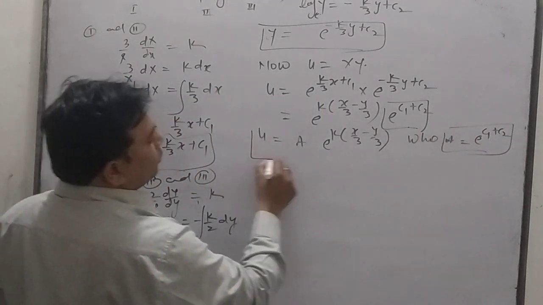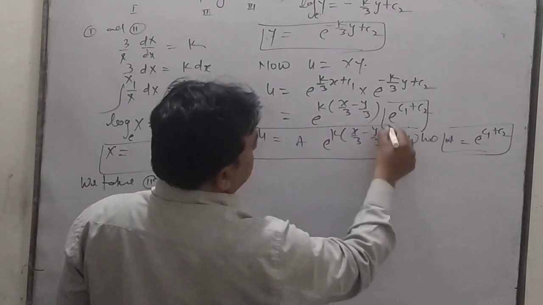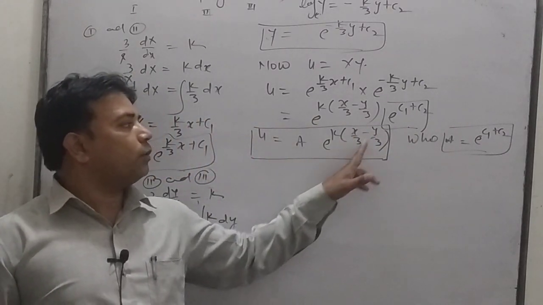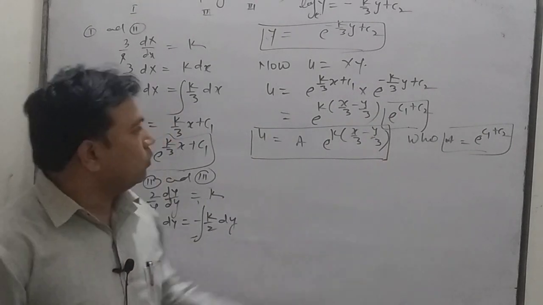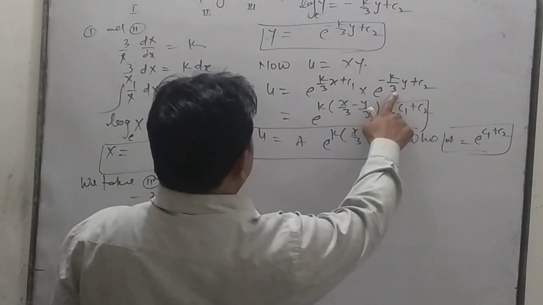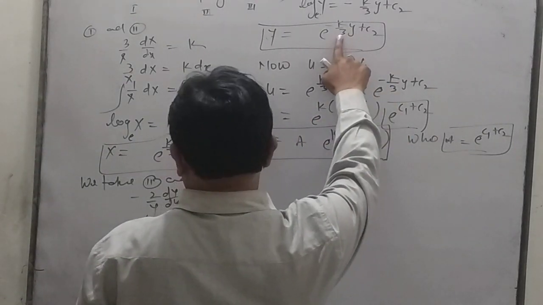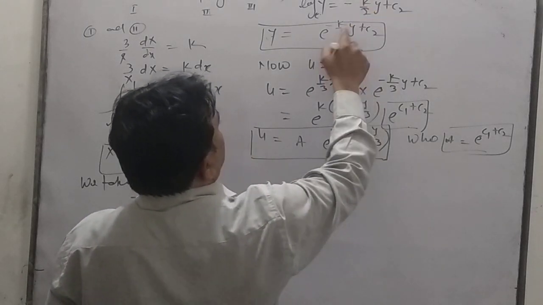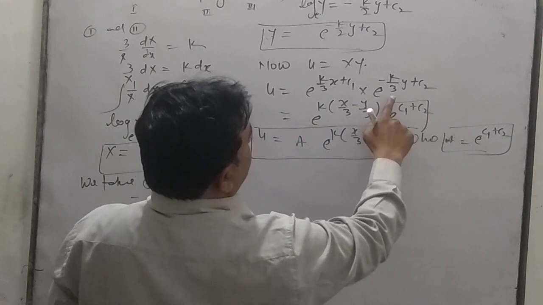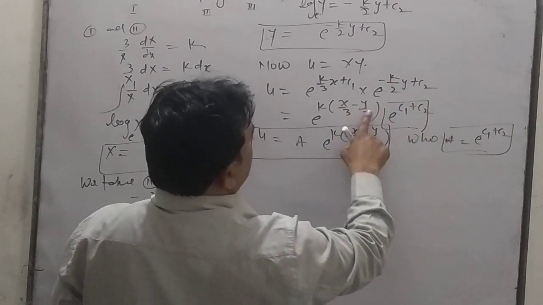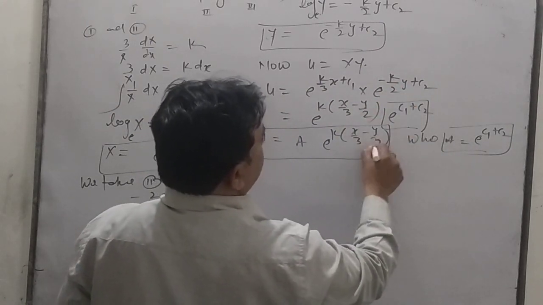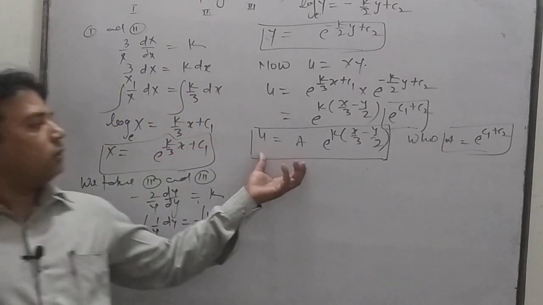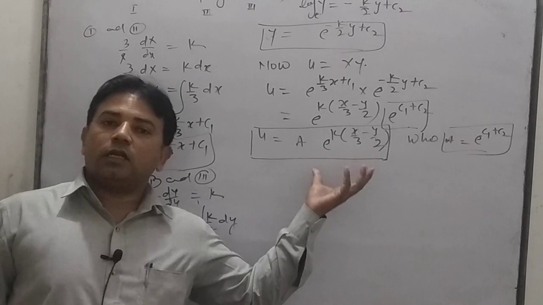So complete solution of this partial differential equation by this, u equal to a e to the power k x upon 3 minus y upon 2, x upon 3 value of this k upon 2, k upon 2, so value of this k by 2. You have made the correction. This is the solution of the complete this partial differential equation.